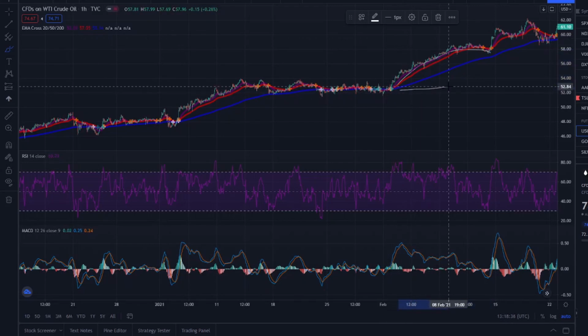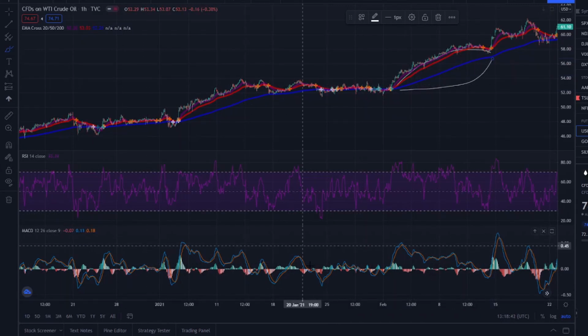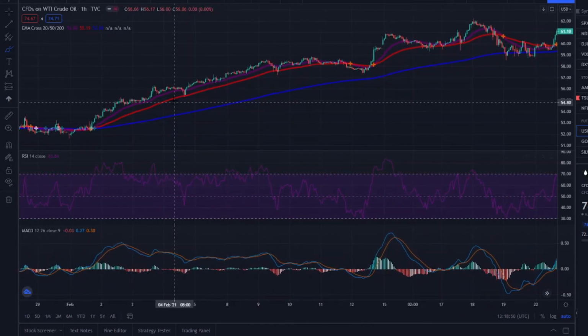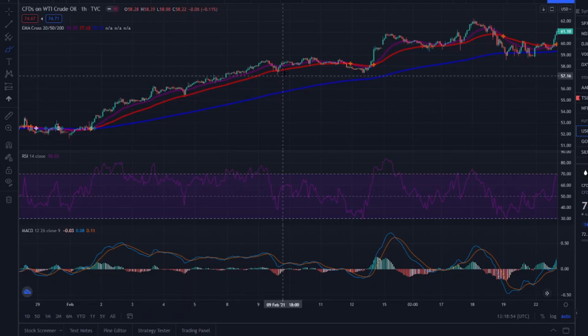So if we were to draw a lower part, we could actually see something like an eye, which means that if we zoom in, we have been here constantly trading above the 20 and 50 EMA. Here we retested the 50 EMA once, here twice. So we have been constantly on a bullish move.